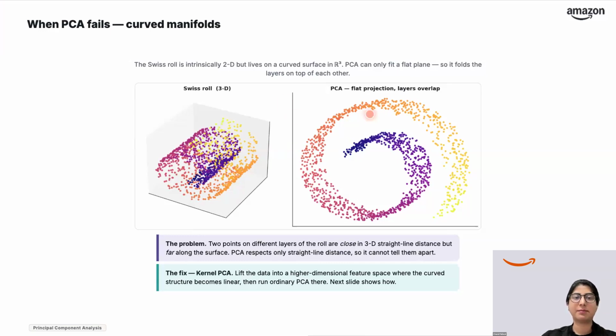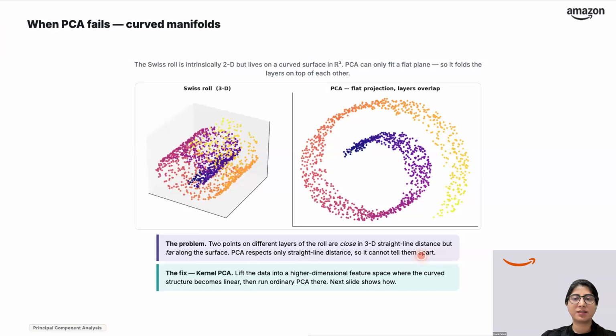For example, in this case, with first principles, you won't be able to find a linear subspace which can help divide this data into these classes, where yellow is a different class and blue is a different class, right?